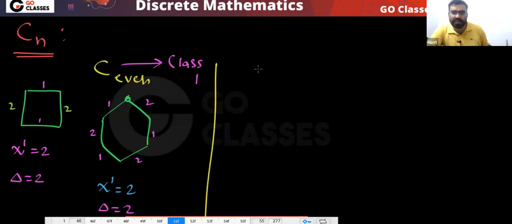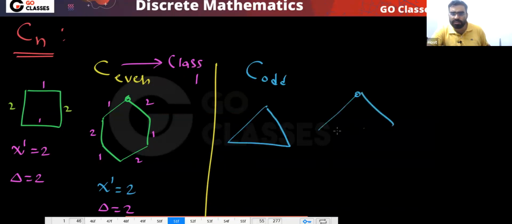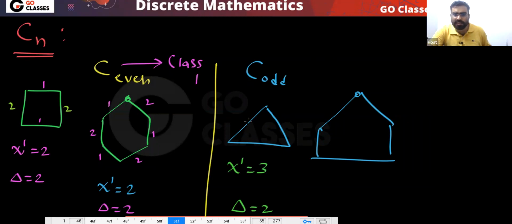And what about odd cycle? For an odd cycle, delta is 2, but the chromatic index is 3. If I give color number 1 here, then color number 2 here, I cannot reuse 1 or 2, so I have to give color number 3 here.